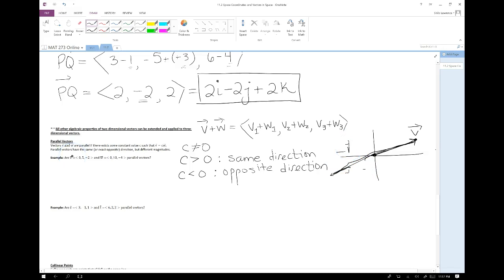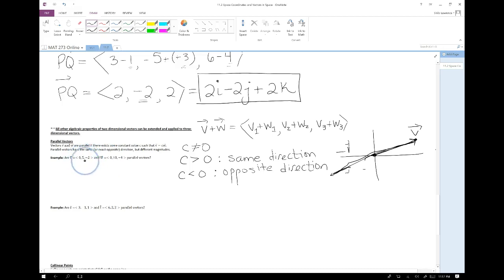So let's look at a couple of examples. We want to determine if vector v, which is 0, 5, negative 2, and vector w, which is 0, 10, negative 4, are parallel vectors. So we are trying to determine if there is one constant that I can multiply through one of these vectors to get the other one. Sometimes it's really easy to just look and tell, and sometimes it's not.